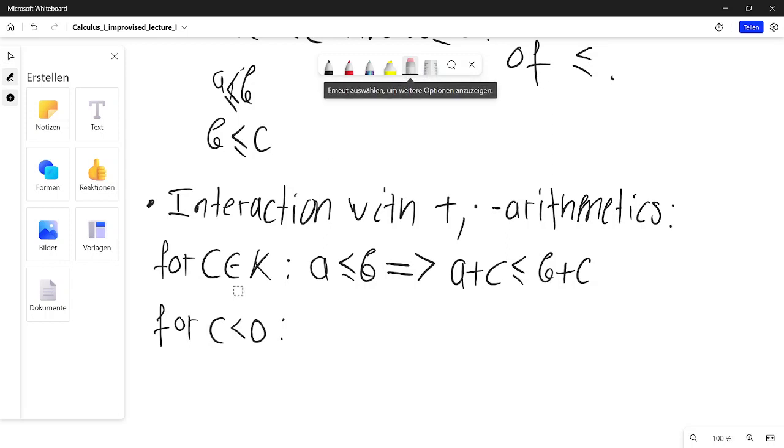Let's do first the case bigger than 0, and not bigger or equal 0, but bigger than 0. By the way, bigger or equal we have yet to define, but it's kind of clear, right? But it is important that we do not consider the case of C equals 0, and of course we don't.